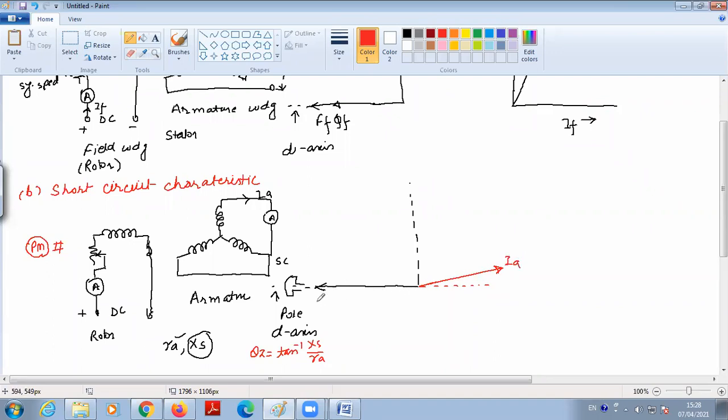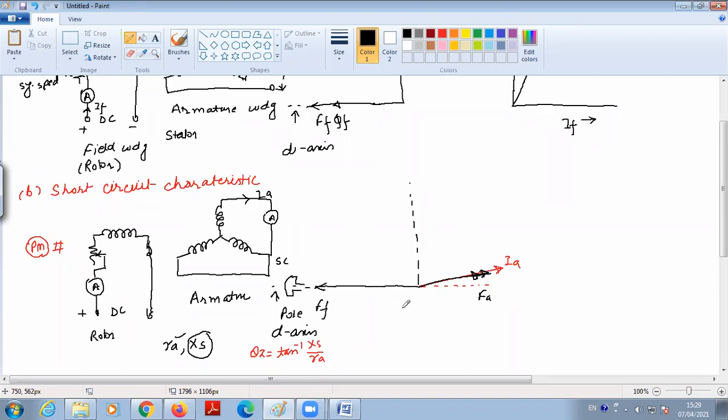Now this is your field flux FF. It will produce some armature reaction. Definitely, when there is a current in the armature winding, it will produce the armature reaction MMF FA. It is very large, it may be greater than the current.